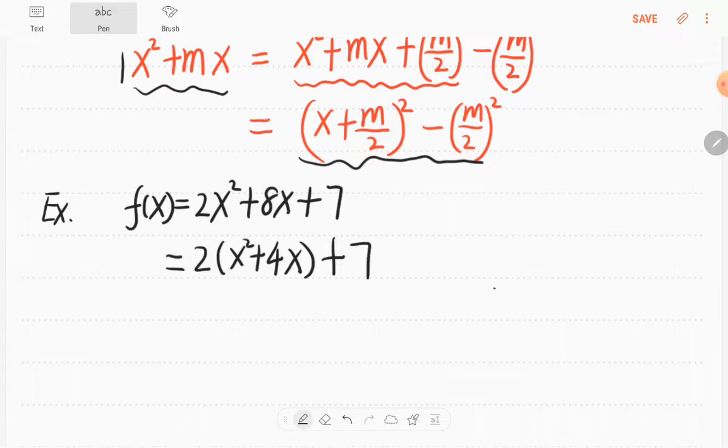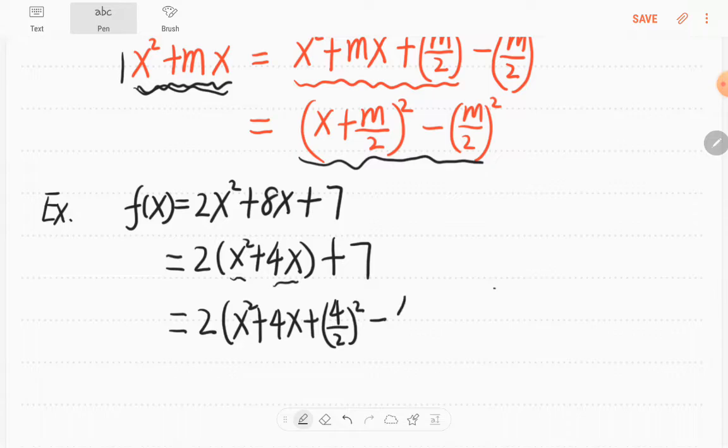Don't forget the parentheses. Now these two terms have the same form as these two terms, so the idea is the same. We add a number, which is (4 over 2) squared, since m here is 4. Then we subtract the same number, then plus 7.